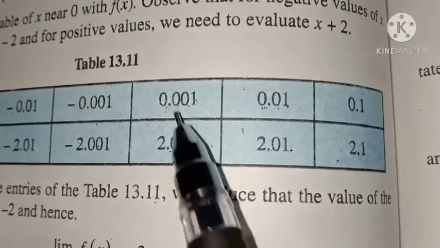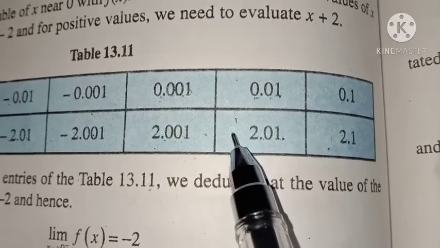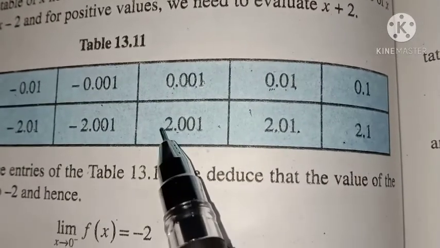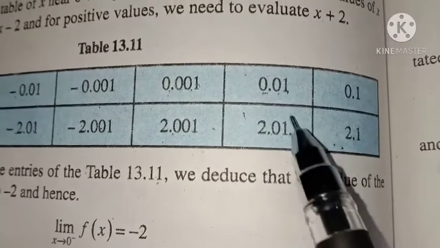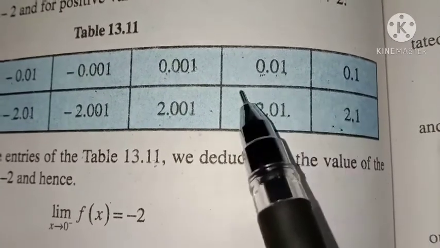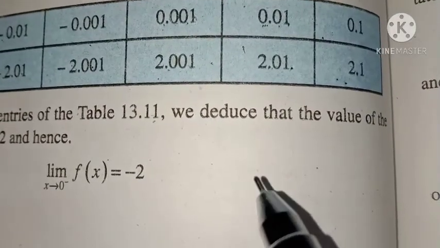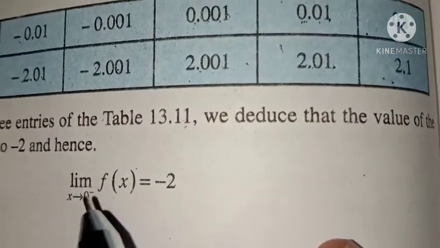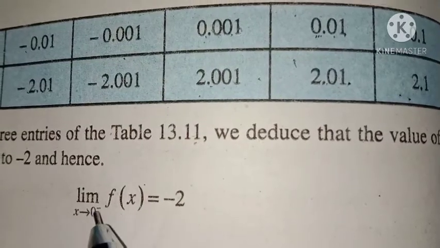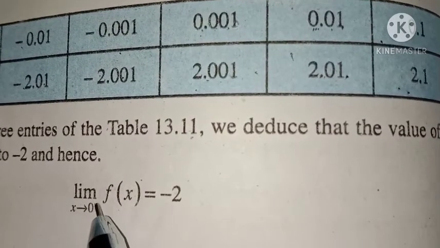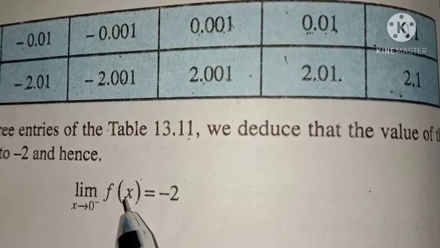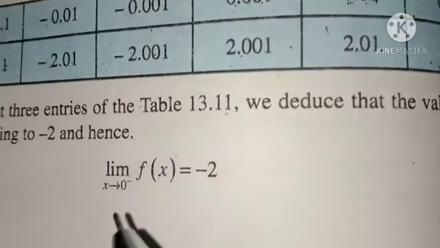At the same time, these three values indicate limit of the function is equal to 2 for all positive numbers, that means for all values greater than 0. So for all values less than 0, limit of the function is equal to minus 2.